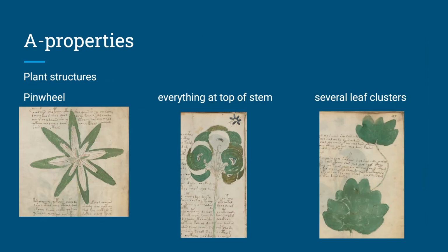When we look at A folios, a few of their properties have to do with the whole structure of the plant on the folio. So we look at the whole folio here. The first one is something we call the pinwheel. It's like a windmill kind of seen from the side.